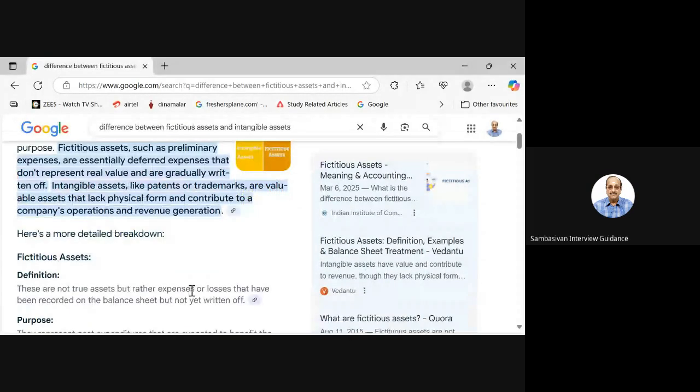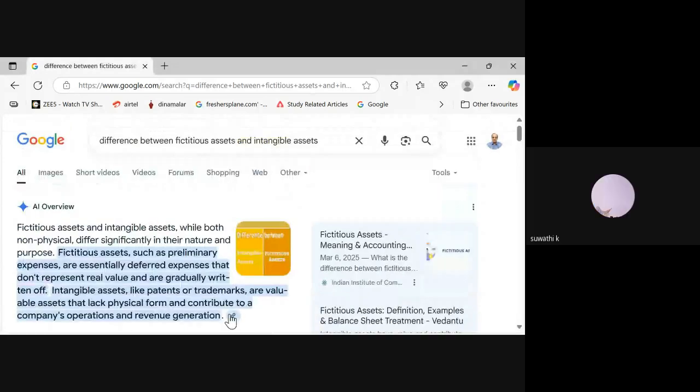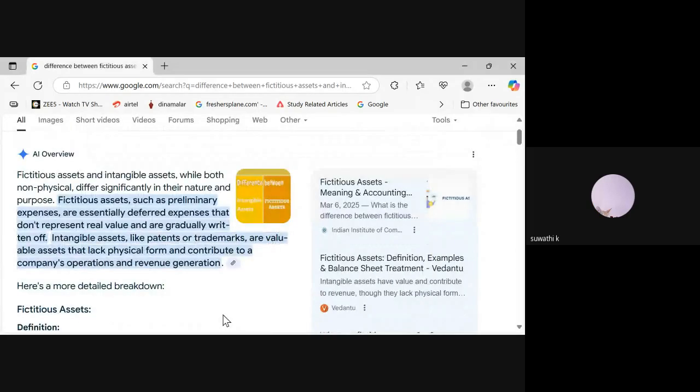Please read. Fictitious assets and intangible assets, while both non-physical, differ significantly in their nature and purpose. Fictitious assets such as preliminary expenses are essentially deferred expenses that do not represent real value and are gradually written off.